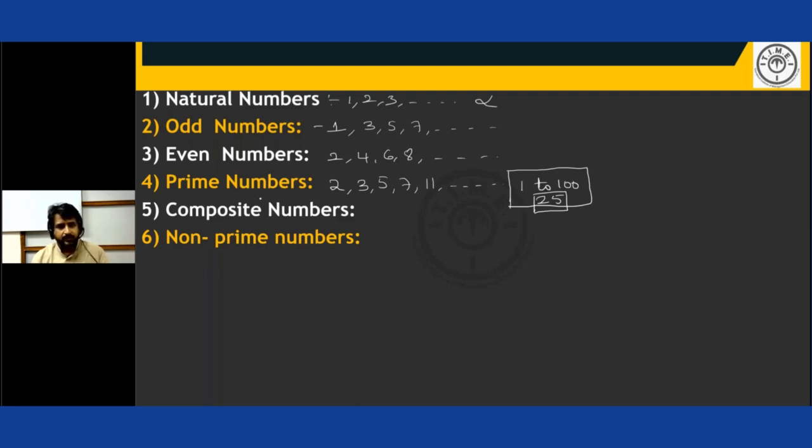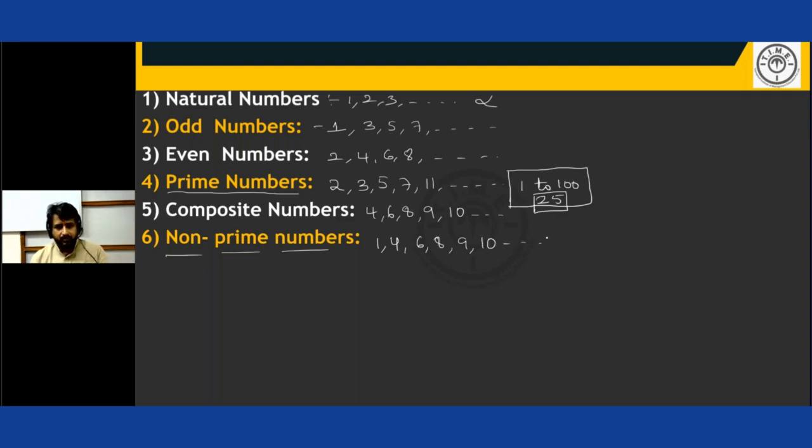Now, what are composite numbers? Other than prime numbers, all the numbers are composite numbers except one. One is neither prime nor composite. So, the composite numbers are 4, 6, 8, 9, 10, and so on. Non-prime numbers: other than prime numbers, all remaining numbers are non-prime numbers: 1, 4, 6, 8, 9, 10, and so on.